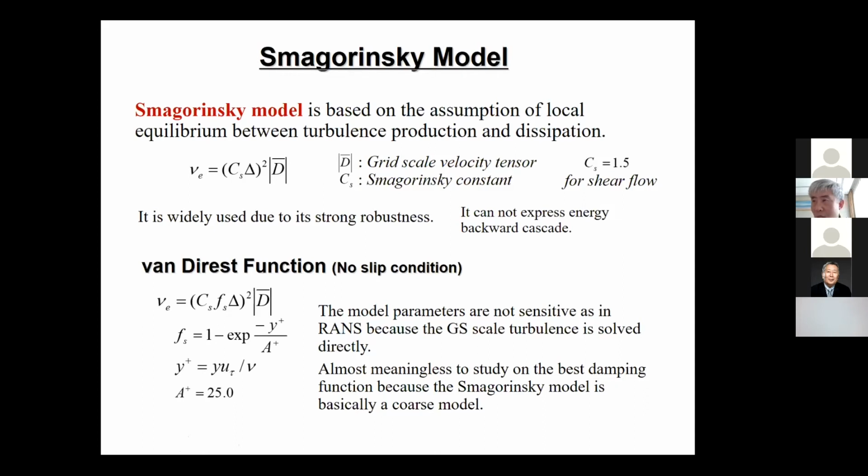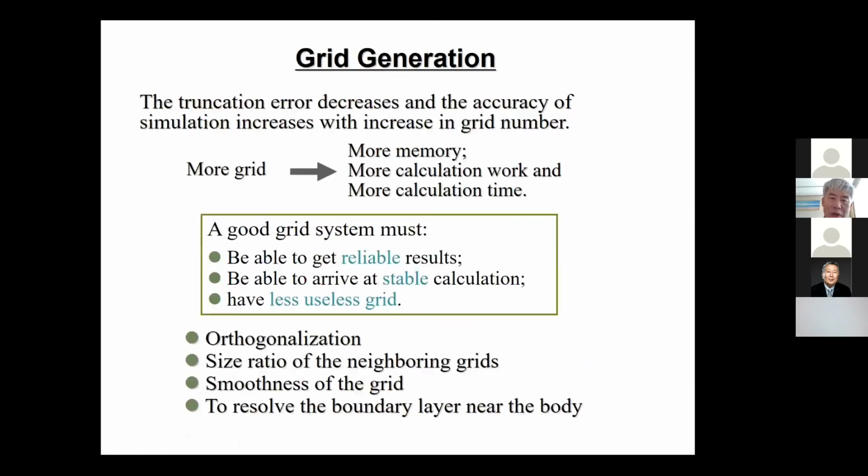We do some modeling on the subgrid scale, but anyway, the grid scale is solved. So it's not necessary to consider parameters like Cs or A+. It's not so meaningful, because the grid scale is solved directly.